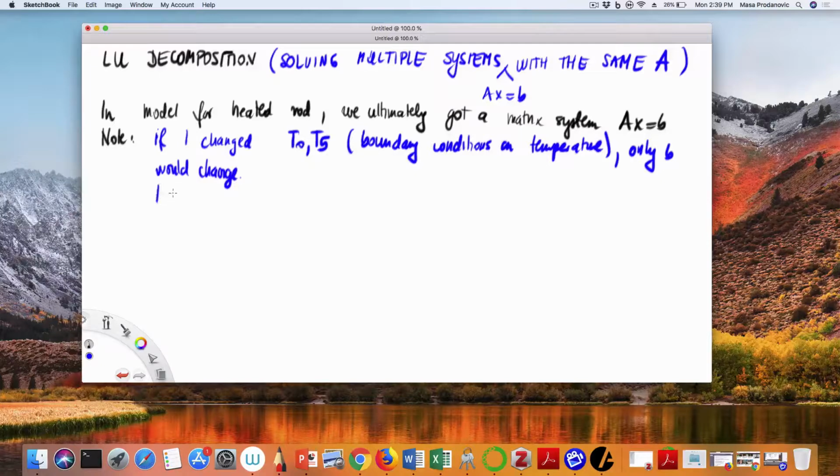So technically I could be tasked to change T0, T5 multiple times and calculate heat losses accordingly, for instance.